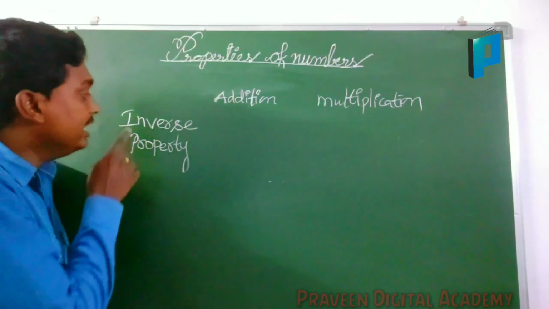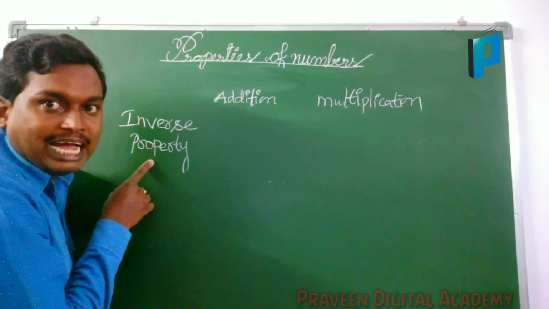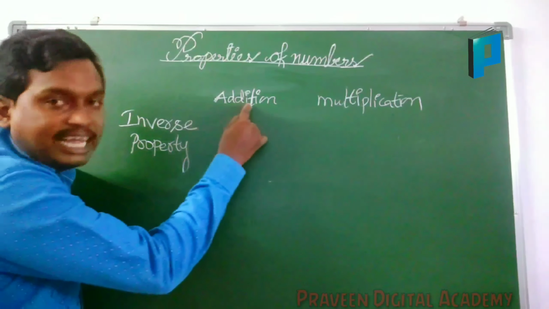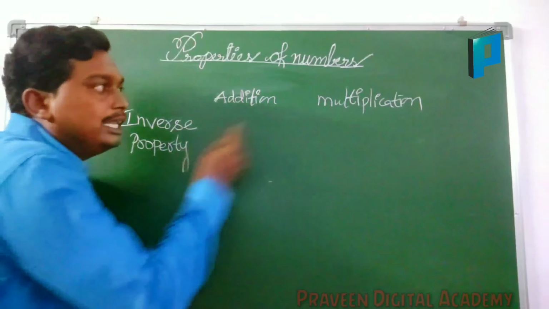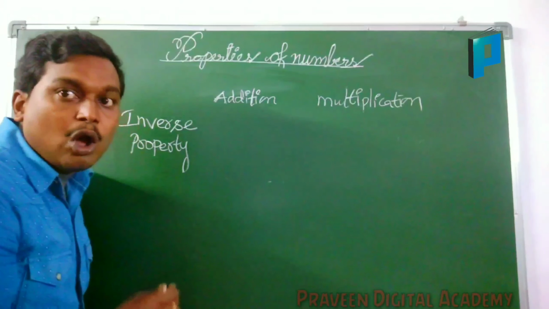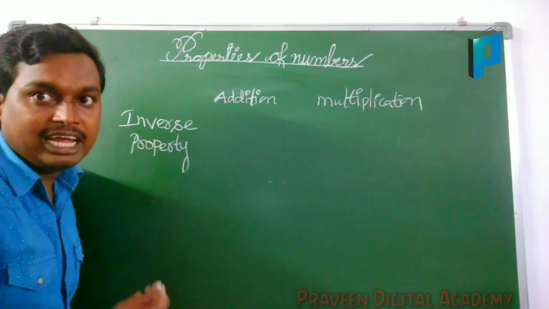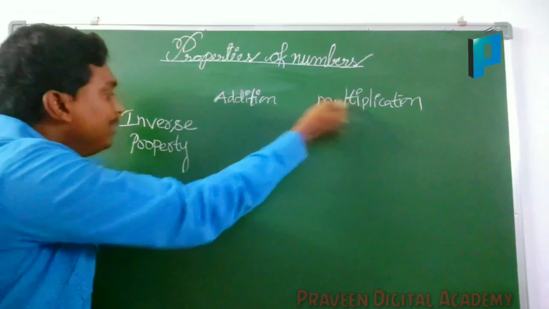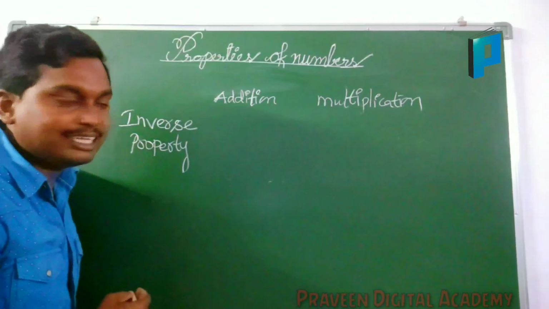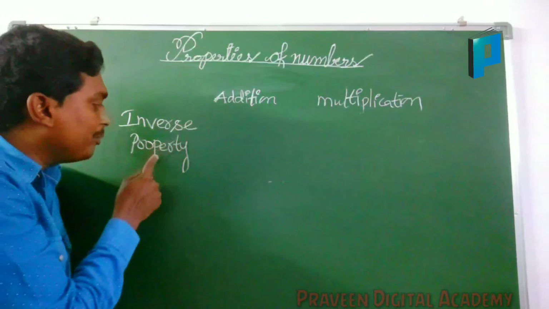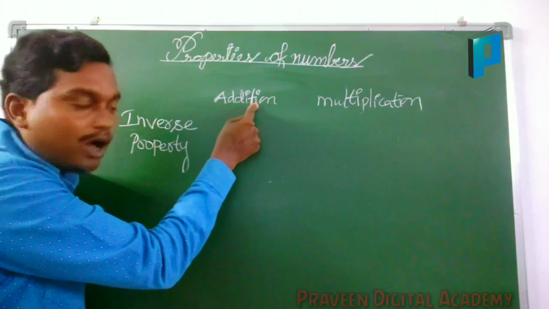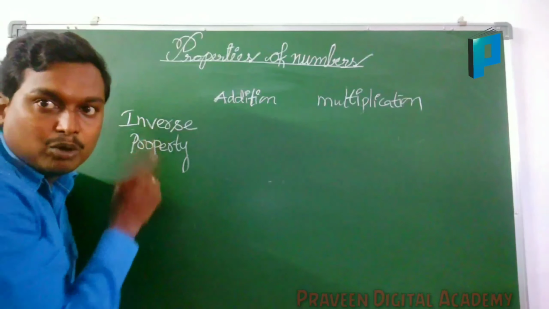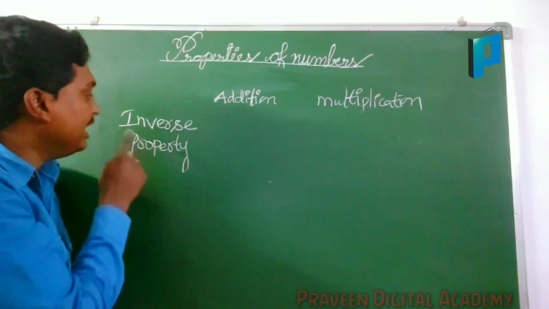Here we can say inverse property under addition, inverse property under multiplication. Or you can say it another way: additive inverse, multiplicative inverse. Inverse property under addition or additive inverse, both are the same.